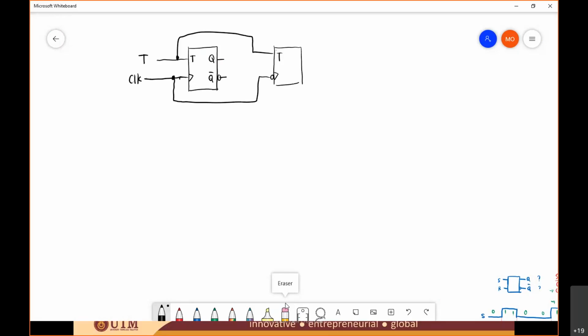And this is your Q, Q bar, and the other output is P. Okay, so this is your clock input.